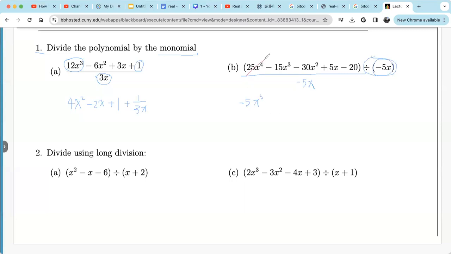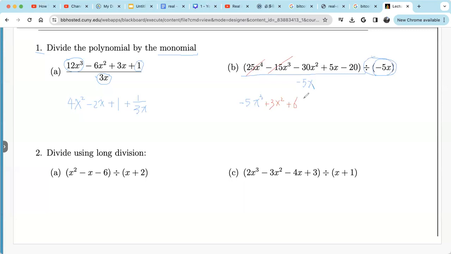Let me cross it out. Negative 15 divided by negative 5, that's positive 3. Then x cubed divided by x, that's x squared. So the second term is done. Negative 30 divided by negative 5, positive 6.